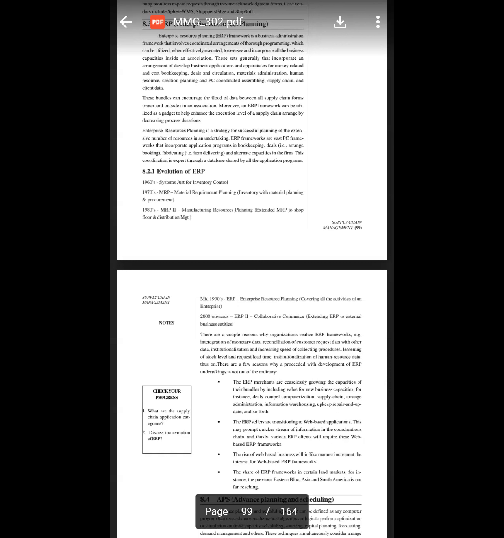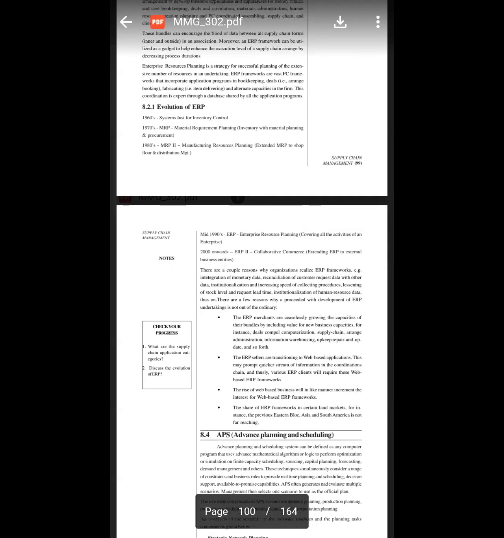ERP software, see, the evolution of ERP software has been from the 1960s to the 1970s. See, in 1960, the system was just for inventory control. Definitely, inventory control was established before the period of the 1970s. At that time inventory control procedure was there, and after that in 1970 MRP, material requirement planning, that is inventory with material planning and procurement, that activity was included.